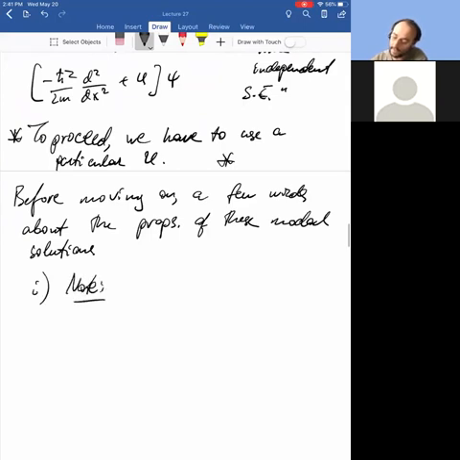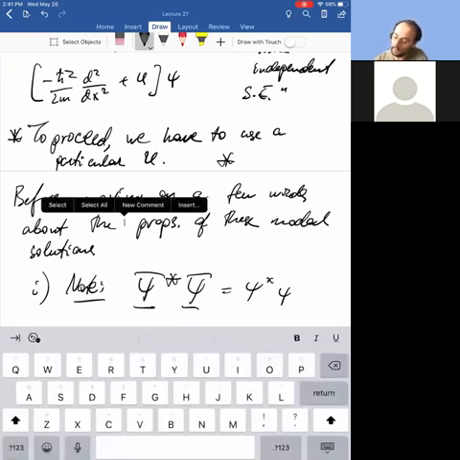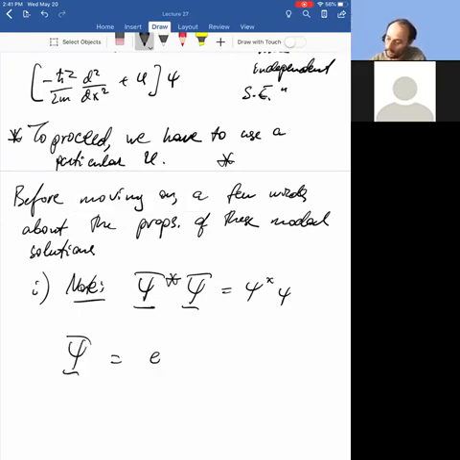Okay, so first, note that psi star psi equals psi star psi, right? Because psi is the spatial part times e to the minus i E over h bar times t.